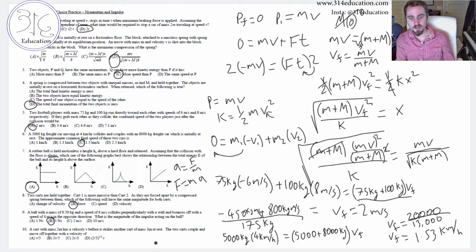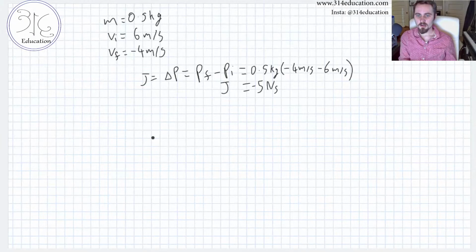We've got a cart with mass 2m that has some velocity v before it strikes another cart of mass 3m at rest. The 2 carts couple and move off together with what velocity? So let's have a little picture of what we've got going on here.